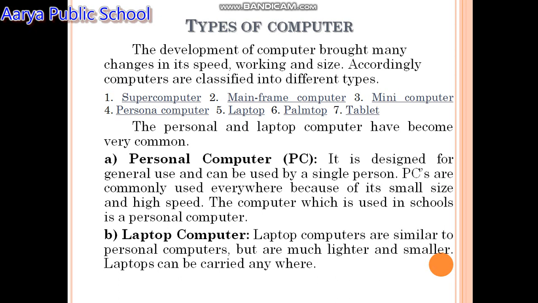The computer used in school and at home is a personal computer. Laptop computers are similar to personal computers but are much lighter and smaller. A laptop can be carried anywhere. These are the main types of computer.